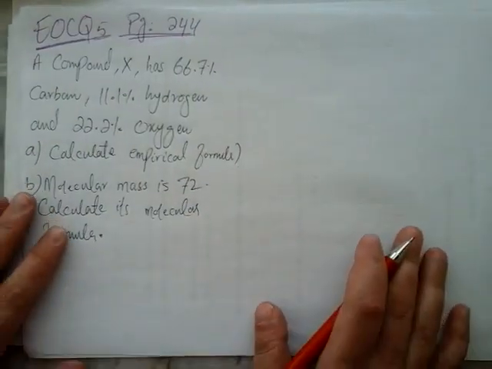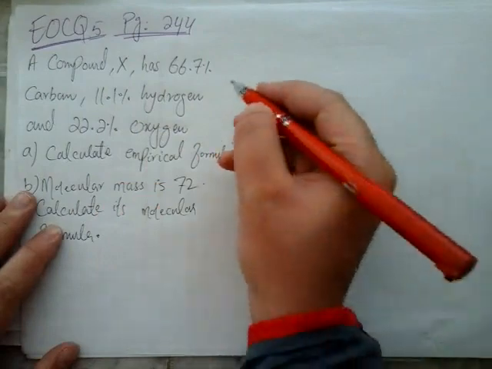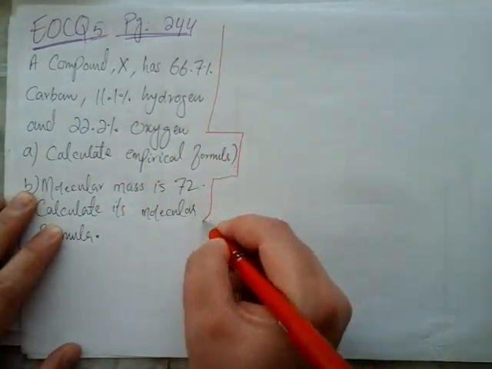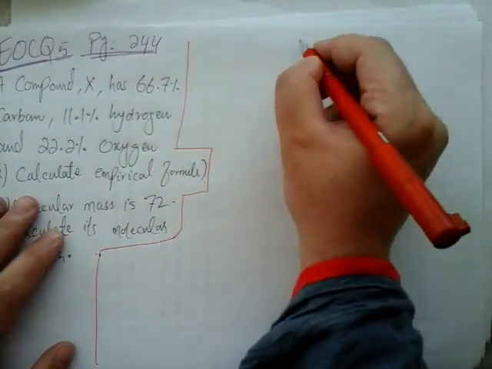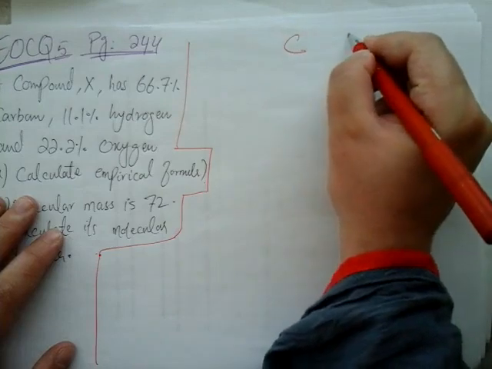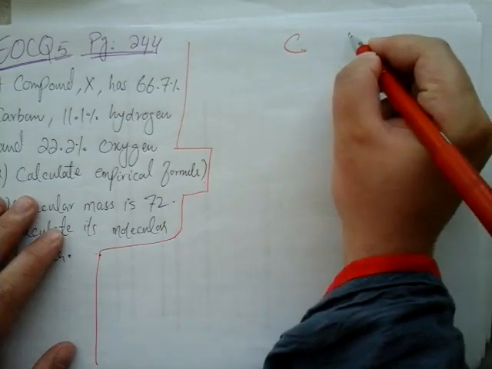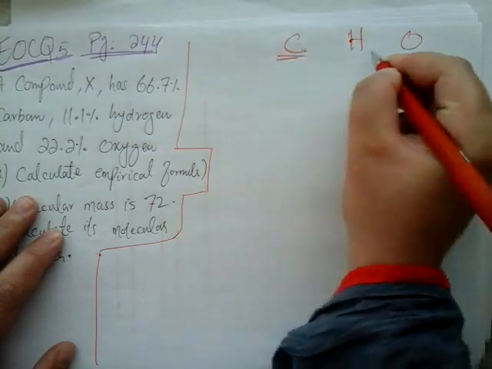Here again there is a question in which 3 elements are present. Okay, here carbon, hydrogen and oxygen are given.